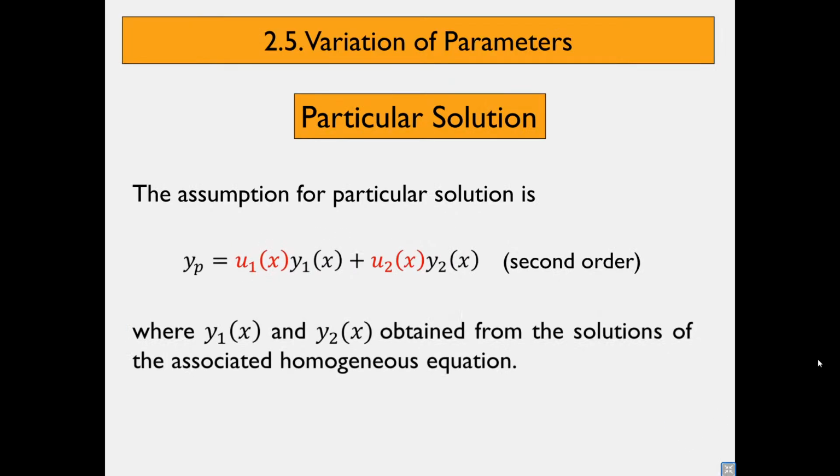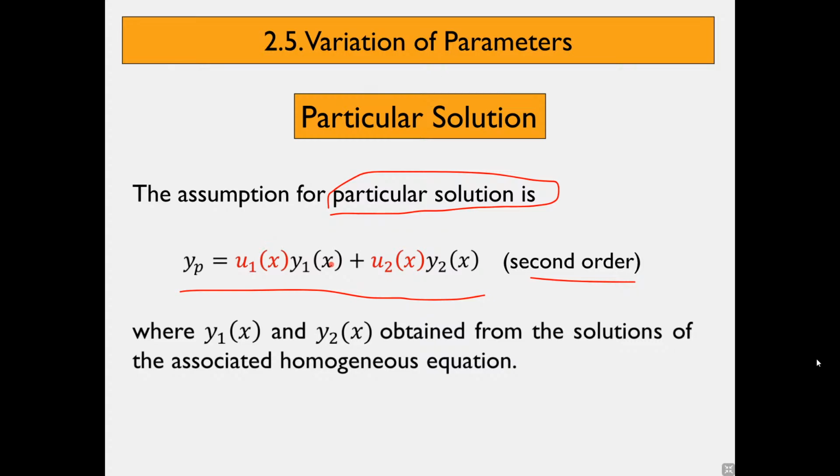For the particular solution of the non-homogeneous part which you want to find, first you have to create this. For the second order, you have yp, y subscript p, the particular solution, equals u1(x) multiplied by y1(x) plus u2(x) multiplied by y2(x).